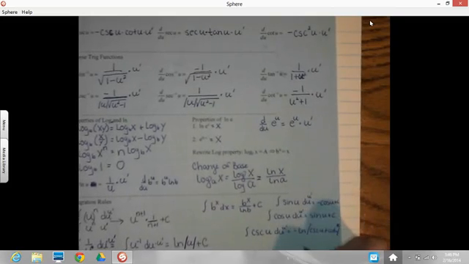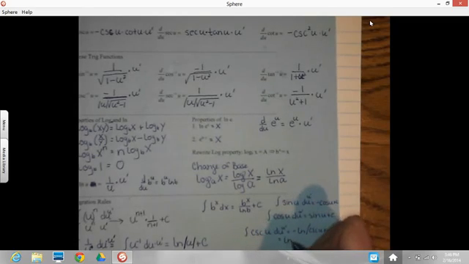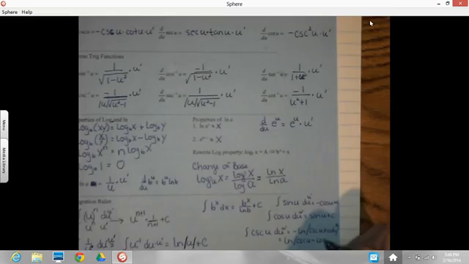And it has a second version. Could be the natural log of the absolute value of cosecant u minus cotangent u plus c. So the negative out in front of the log, or a subtraction in between, one or the other.